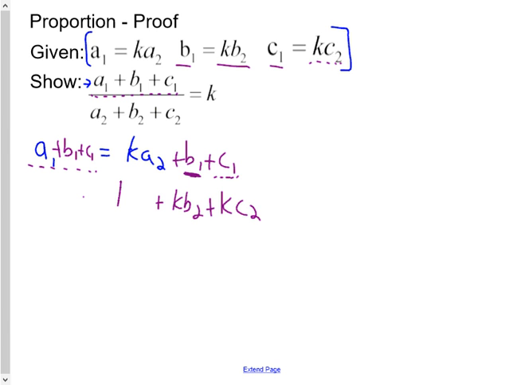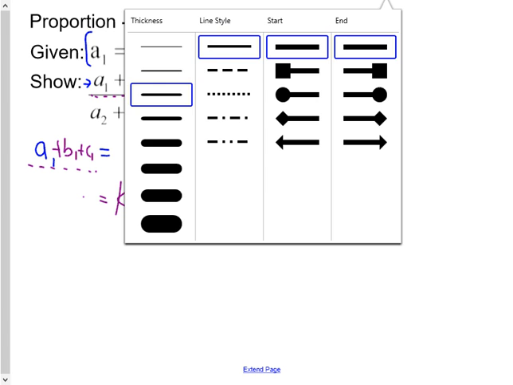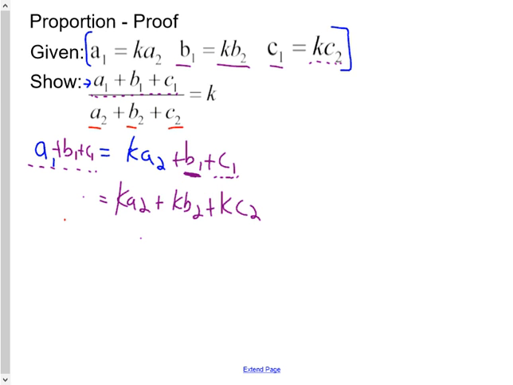So now when we substituted, our right side is now KA2 plus KB2 plus KC2. It looks pretty close to what we have in the denominator, but everything's got a K. So what we need to do is take the K out of each. This is like backward distributive property. I call it greatest common factoring, where if we take K out, we've got A2 left, plus B2 left, plus C2 left.